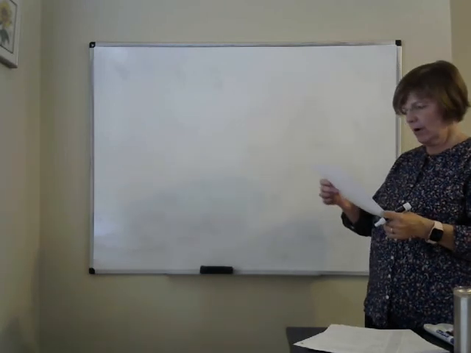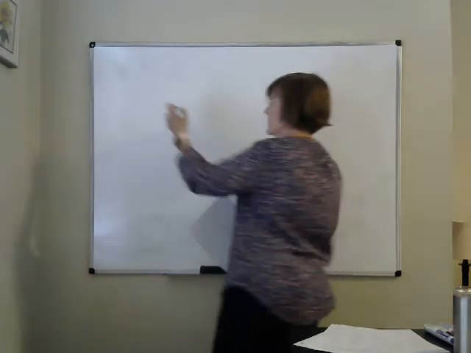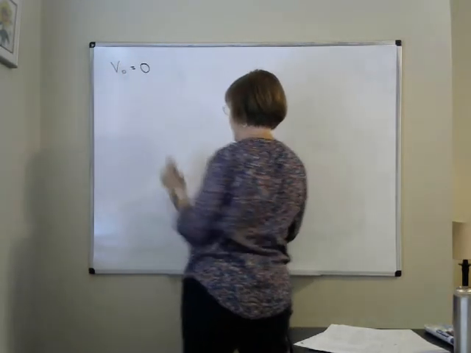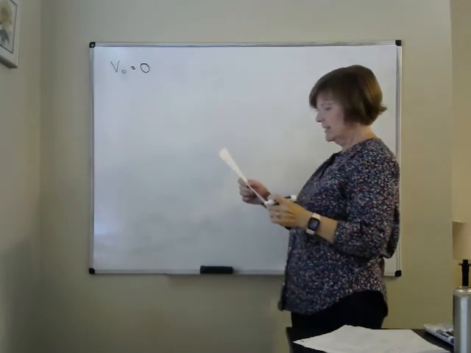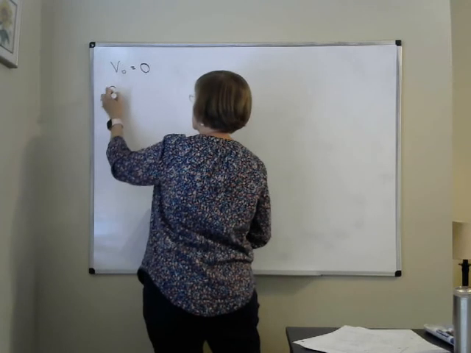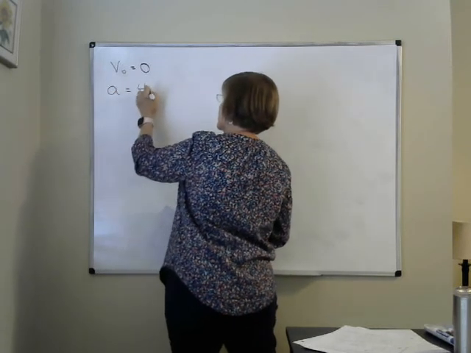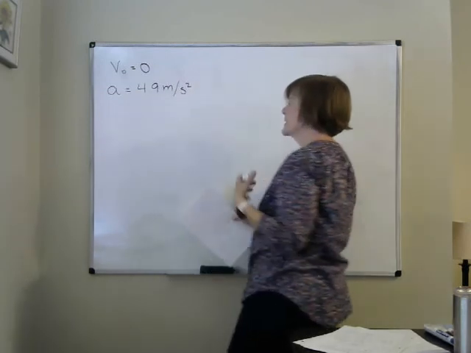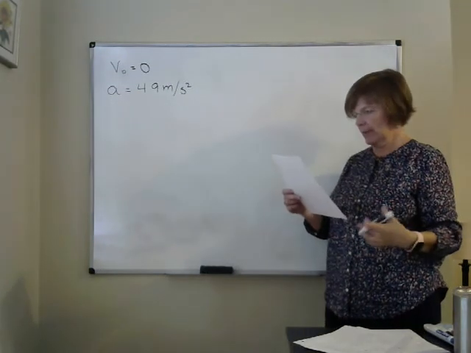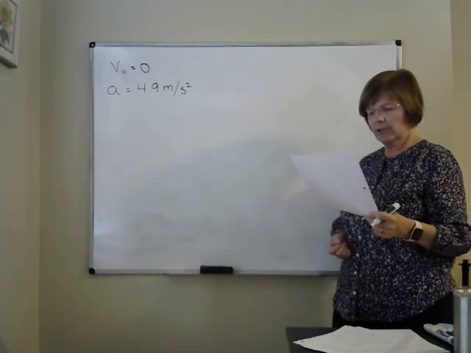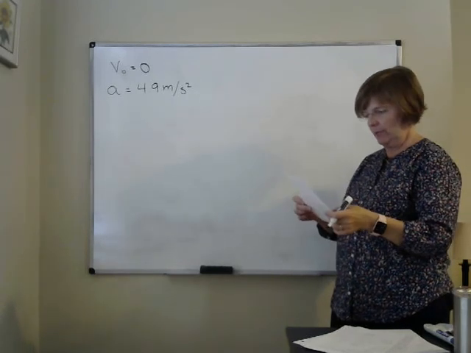So a car at rest, V0 equals 0. Accelerates at a constant 4.9 meters per second squared. The constant tells me that I'm using these constant motion formulas. What distance does it travel in reaching a speed of 30 meters per second?